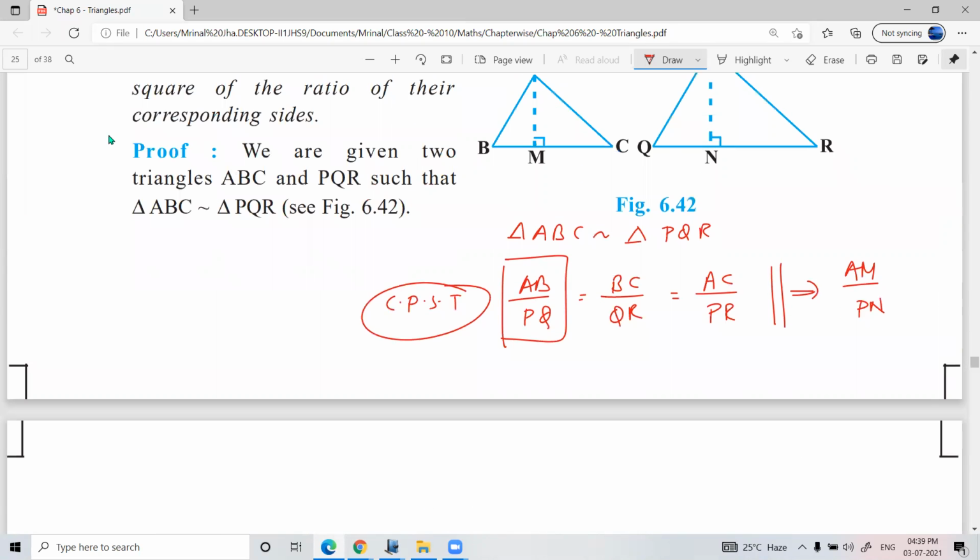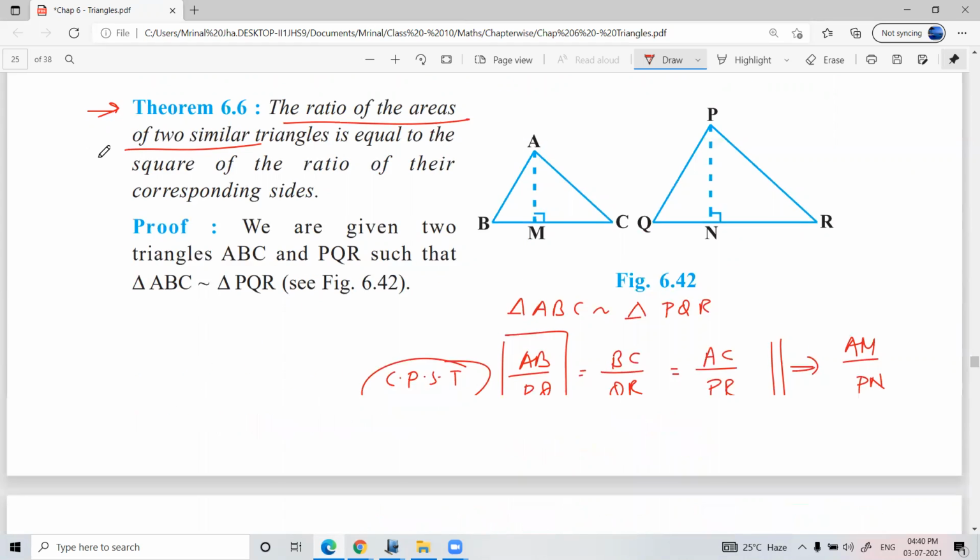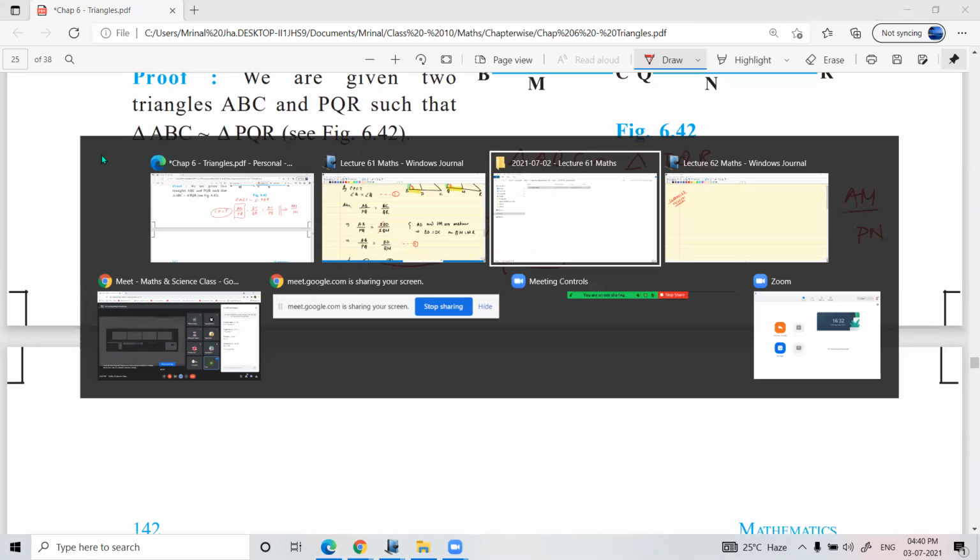Okay. And what does this new theorem which we are learning now, 6.6, tell you? It tells you that the ratio of the areas of two similar triangles.